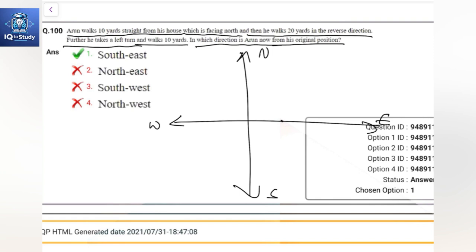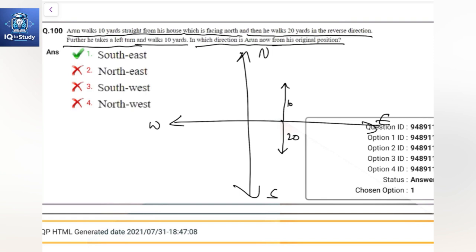Let it be the point, and from there he walks 10 yards towards the north and then he walks 20 yards in the reverse direction.